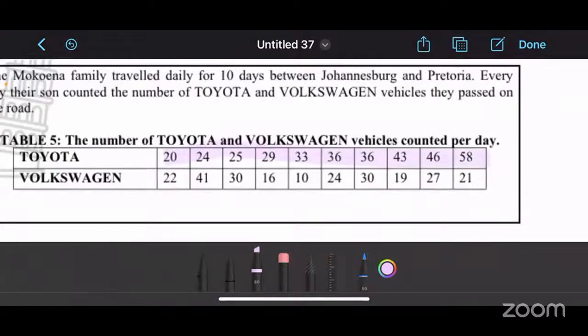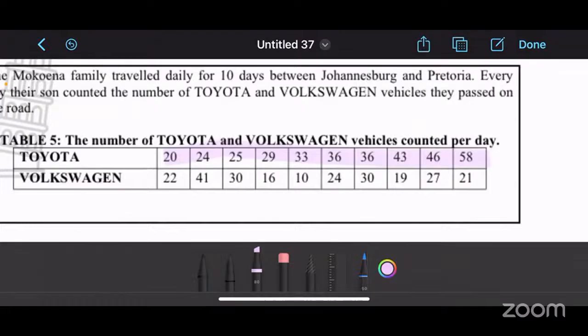First thing, you need to rearrange the data, but it doesn't seem like it needs rearranging because it's in ascending order already: 20, 24, 25, 29, 33, 36, 36, 43, 46, and 58.